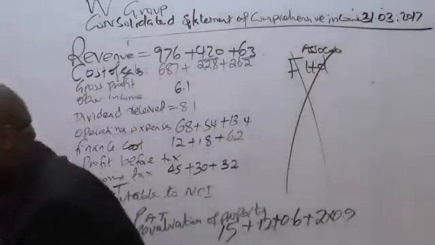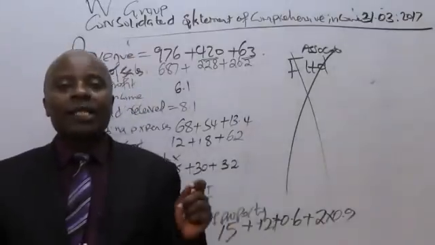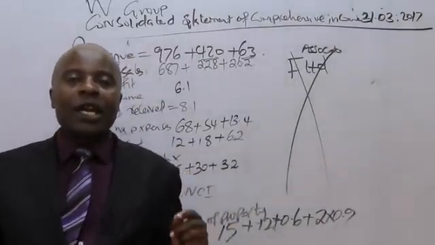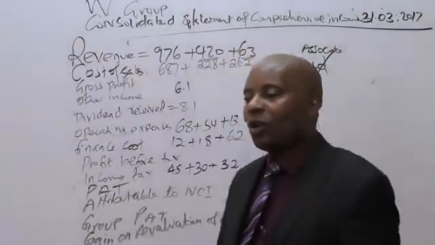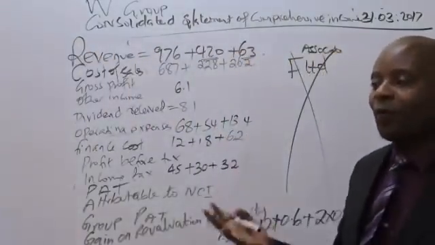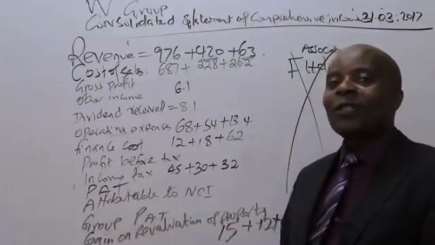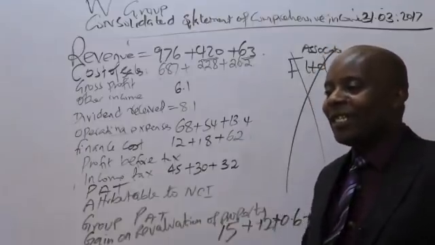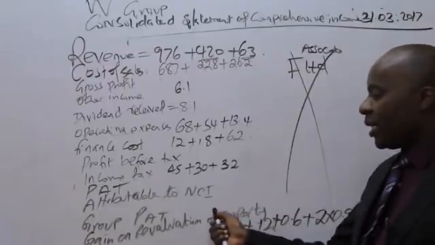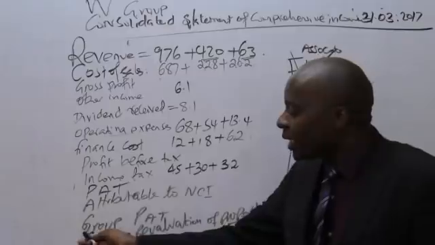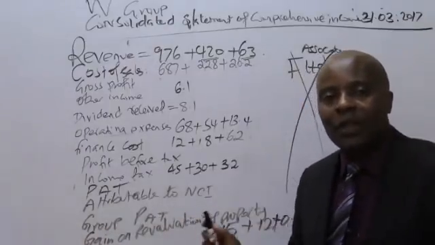Ladies and gentlemen, remember, I'm just here not to complicate your life. I'm just here to make your life easier, to show you how you can harvest what we normally call low-hanging fruits. And the very first low-hanging fruit that I would want everybody to understand here today is this: all these items that come after other comprehensive incomes.